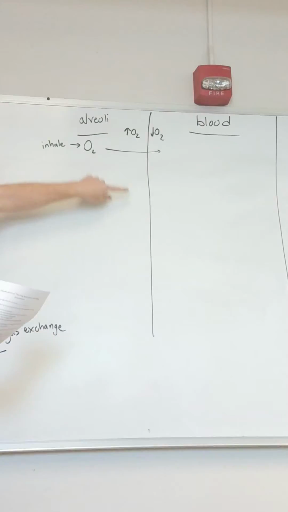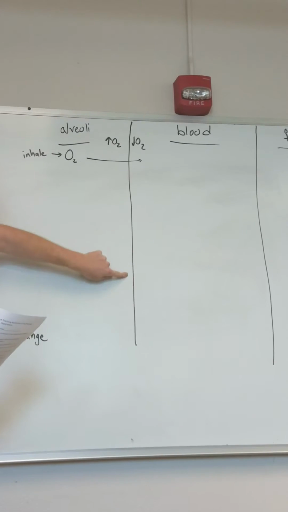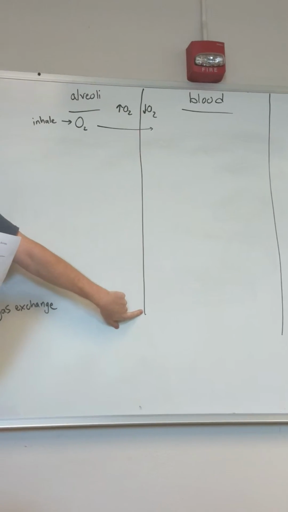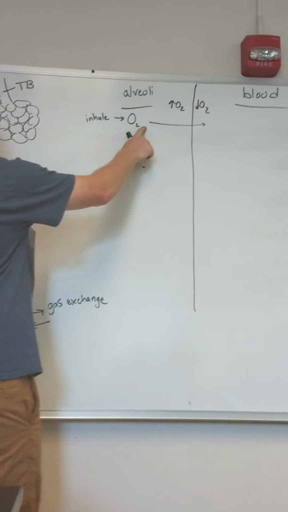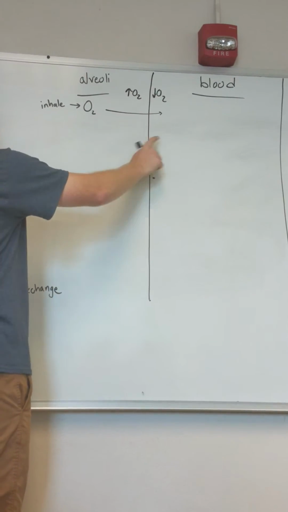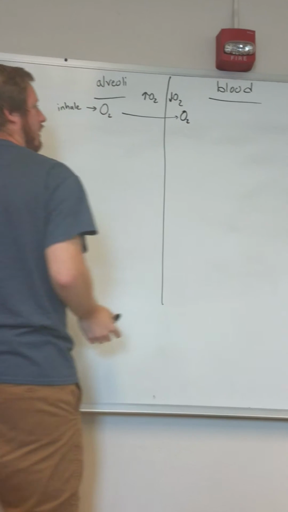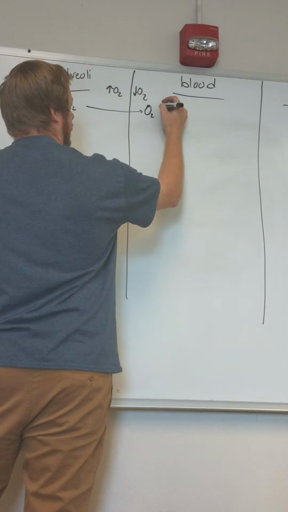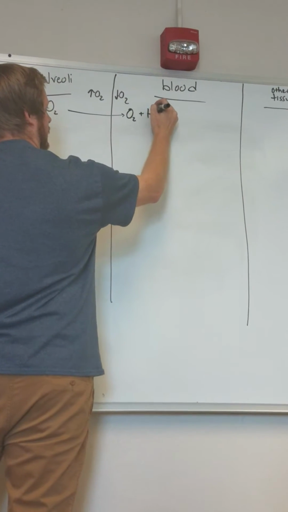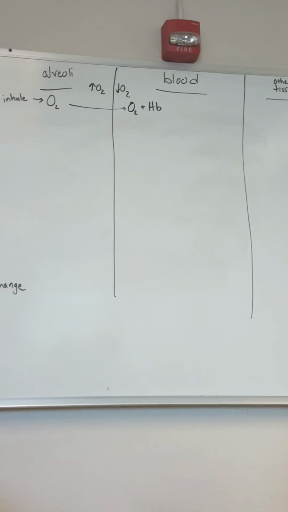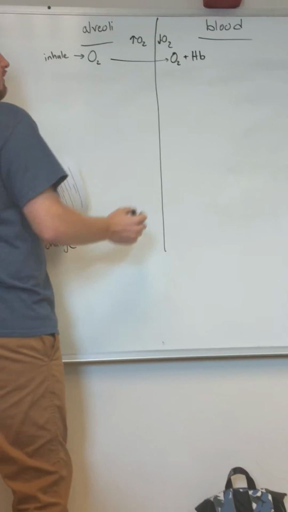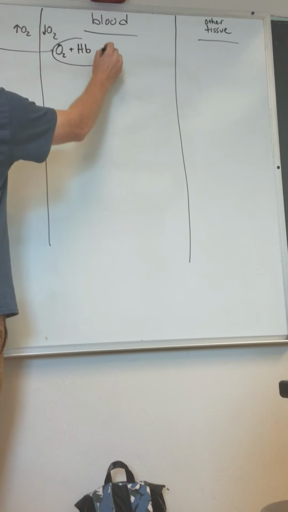This line I just drew represents the simple squamous layer of the alveoli. So you have gas diffusing across from a higher to a lower concentration. Then the oxygen enters the red blood cell, where it binds with hemoglobin, which I'm just going to write as HB. So this will be in the red blood cell.